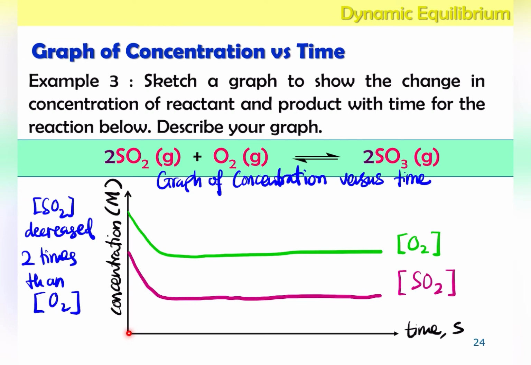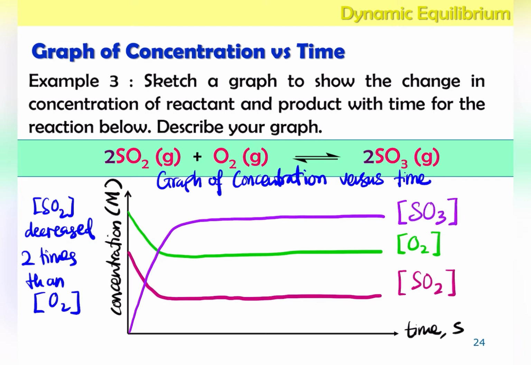So we will start from 0 point. And after that, I'm going to draw a bit higher than concentration O2 because this is the product. It is going to start from here, go up, and then stay constant. So this is going to be the sketching for SO3, your product.